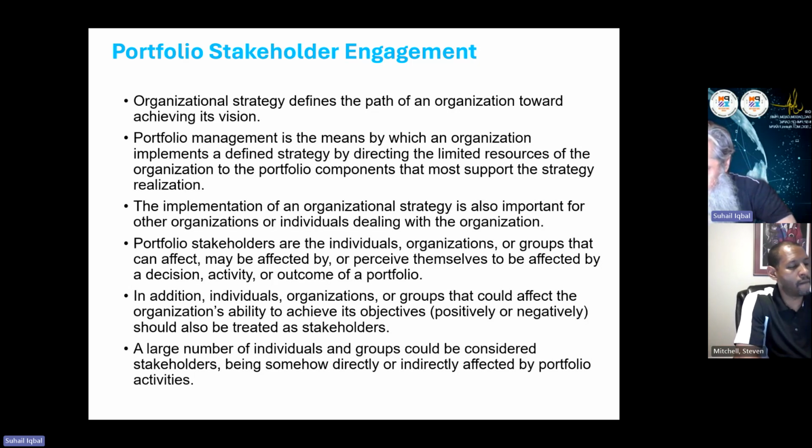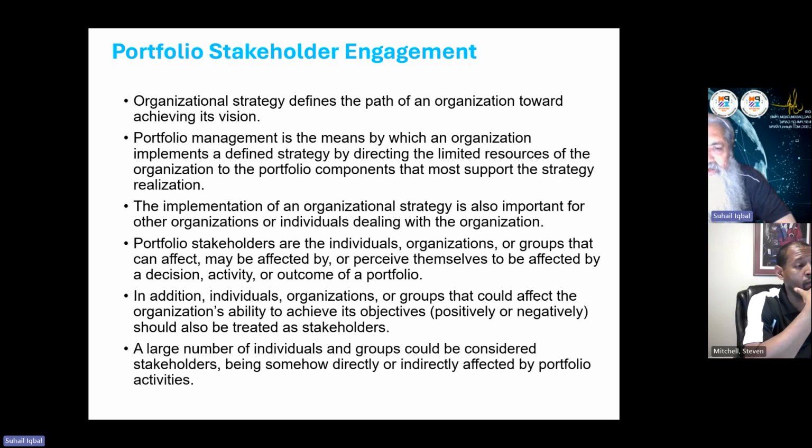Whatever strategic plan the organization has is usually implemented through portfolio management, and that is the change related initiatives which we call projects and programs. They are all encapsulated into portfolio management.